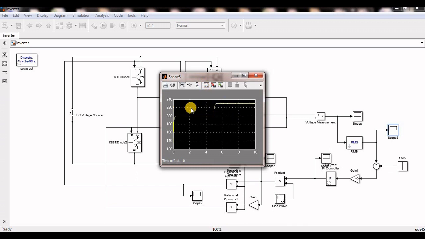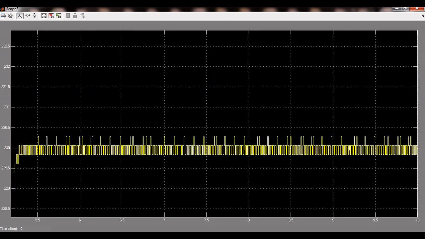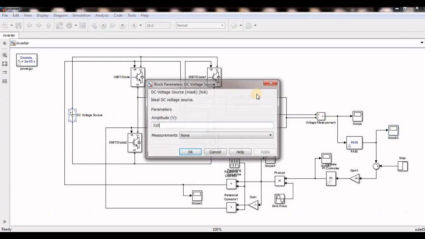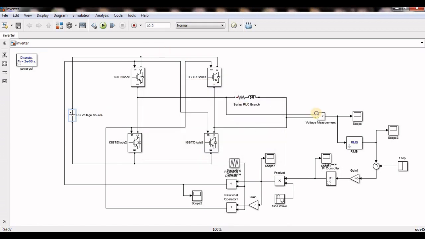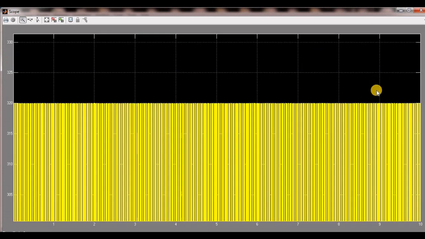See, this is the RMS. I am getting 200 here, and here 230. But the thing is, whenever the switches are switched on, directly 320 volts will come to my output. So my peak is always 320. See, this is the peak.